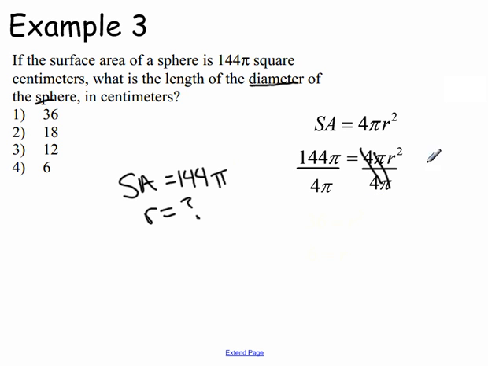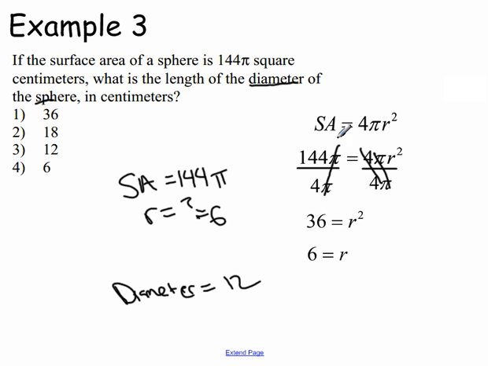You'll just be left with r squared on the right side, and 36 on the left, so 36 equals r squared. So 6 is equal to the radius. If the radius is equal to 6, that means the diameter is equal to 12, because the diameter is equal to twice the radius, 2r. So the answer is choice 3.